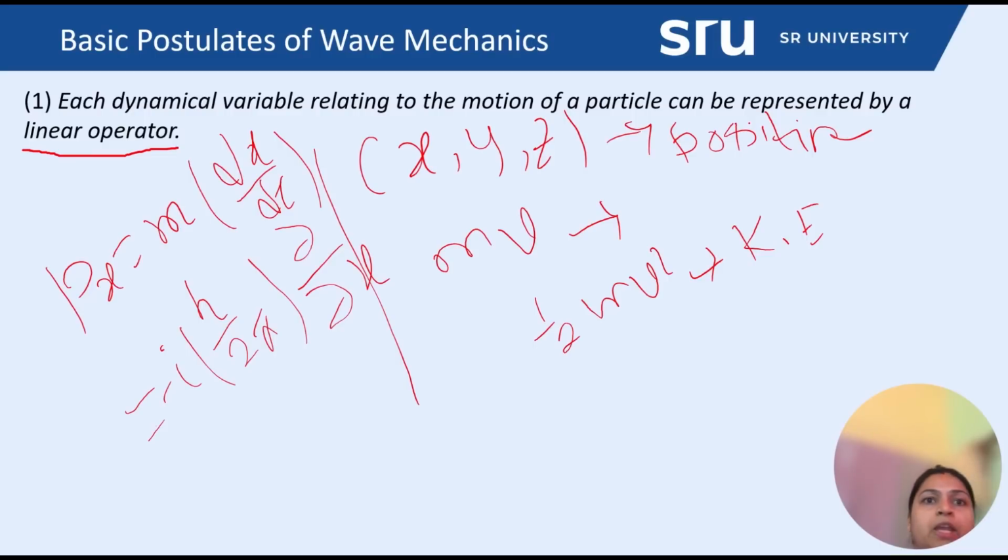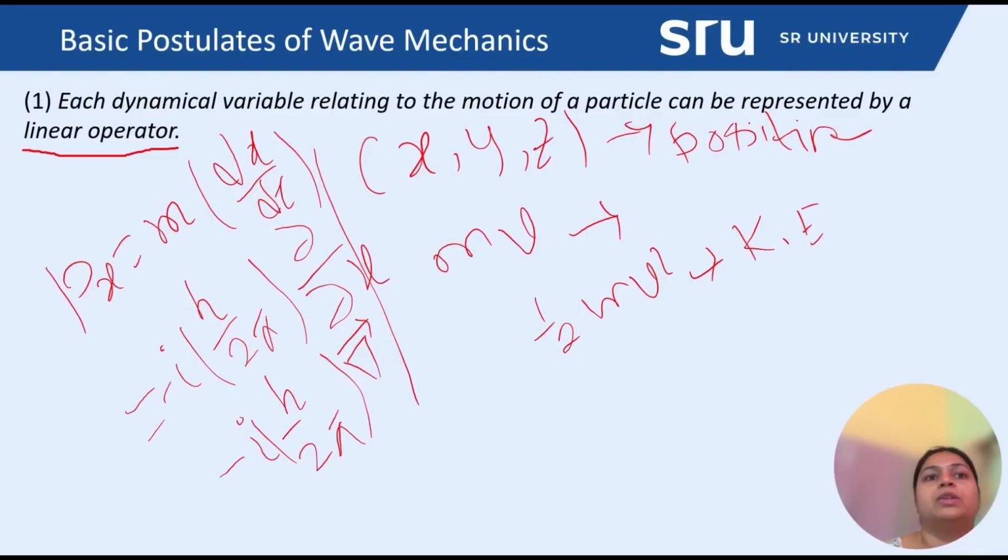If we write this in vector form, it can be written as minus i h by 2 pi within brackets, operator del.